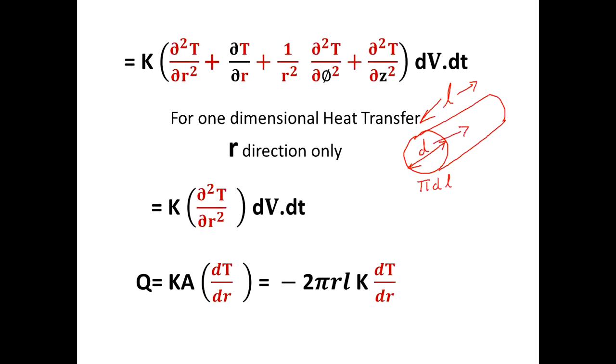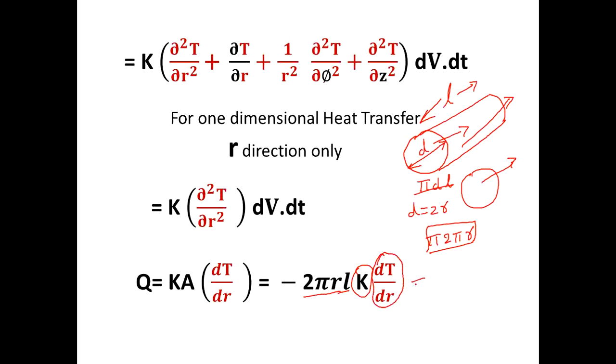Heat will be transferred radially like this, not in the other direction. Radially it transfers through pi d l, but d is equal to 2r, therefore the area is 2 pi r L, and K is the thermal conductivity as usual, as per the Fourier law of conduction.